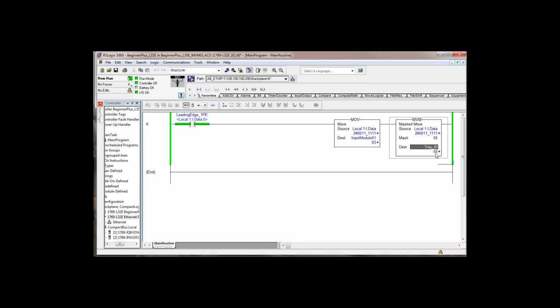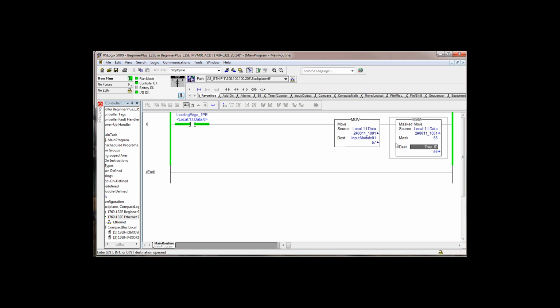Now watch this value here as we change this value. First I'm going to turn off the second bit. So I turned off the 2, this dropped from 63 down to 61. But this stayed the same. I'm going to drop the next one. See, that drops down to 57, but this stays 56.